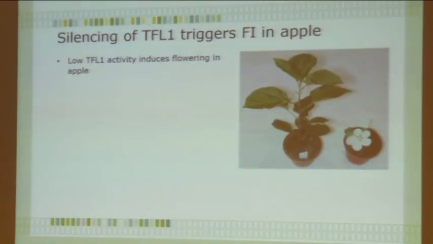Now let me talk about the repressor gene TFL1, and TFL1 activity. If this is inhibited in apple or silenced in apple, we get early flowering in apple as well.